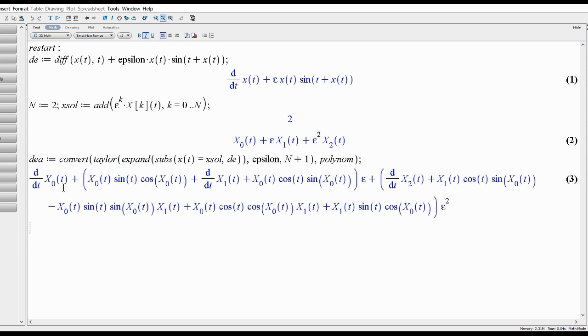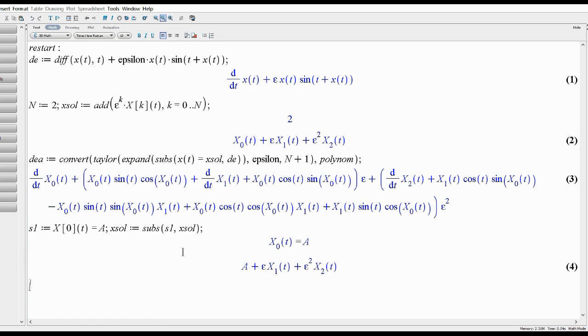Okay, so that's my system, and you see what happens is this is the order 1 term, so x0 dot is equal to 0. That means x0 is equal to a, some constant, some initial condition. Okay, so let me do S1 equal to x0 of t equals a, some constant, and let me say x solution is equal to substitute S1 in x solution.